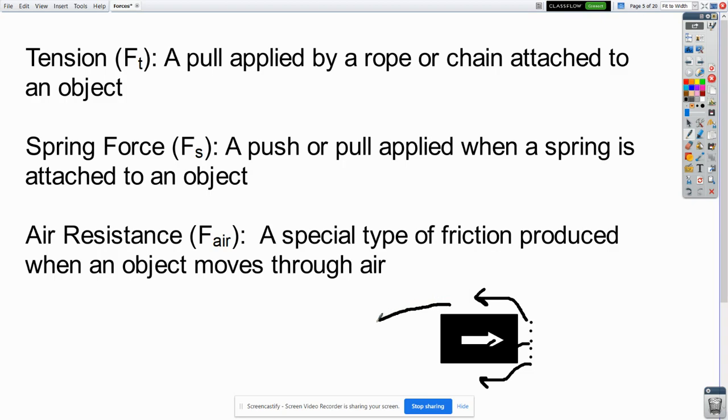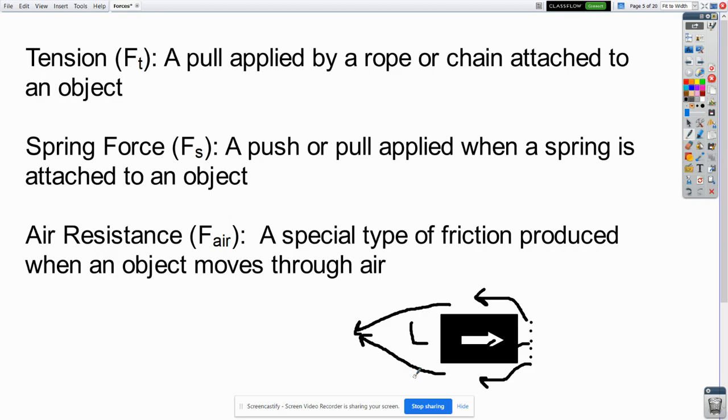When we get to the back of the object, those particles are going to want to get back to roughly where they were. So all those air particles are going to try to return and fill in the space behind the object. And it's going to produce a low pressure behind it because it's not going to be able to do it right away. There's going to be a gap here where you have partial vacuum. Ever held your hand outside a window, you can feel your hand being pushed back.